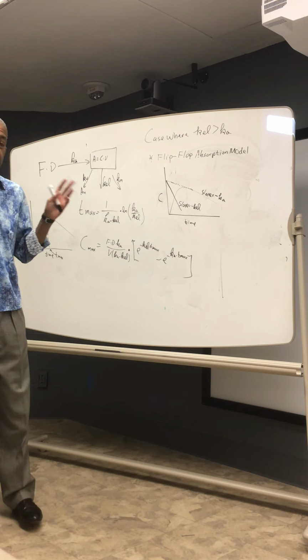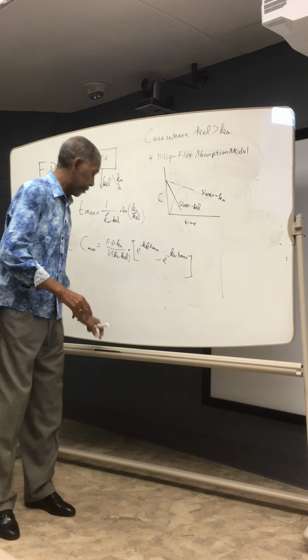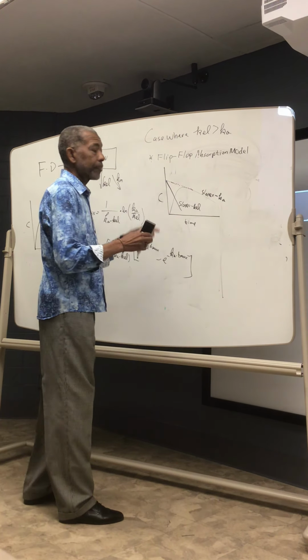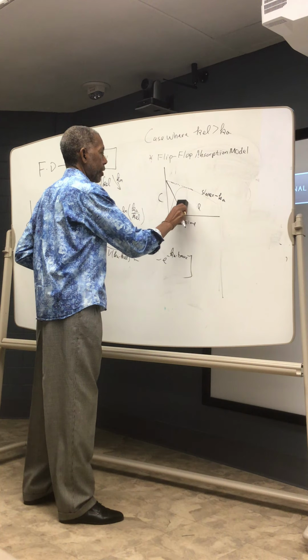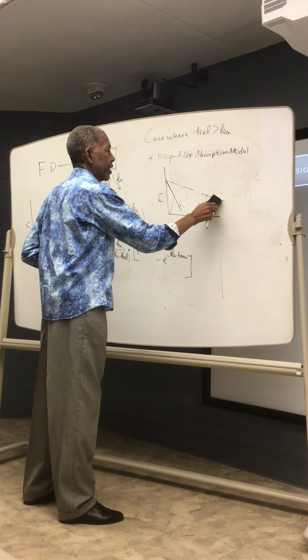So, just as a ballpark figure, if the half-life... I'm going to make use of the same graph. We don't know if it's the flip-flop model or the regular situation.